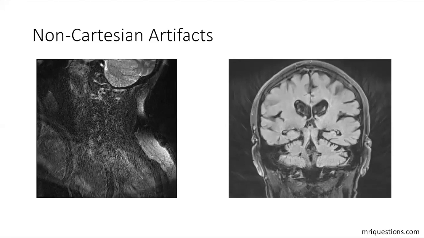But these artifacts are different than what you expect in Cartesian, typically line-by-line acquisitions. You get these diffuse artifacts, and you can still get aliasing that has this radial aspect to it. So just something to keep in mind, between this and the previous slide: knowing what sequence you're running, and so what kind of artifacts you might expect from them.